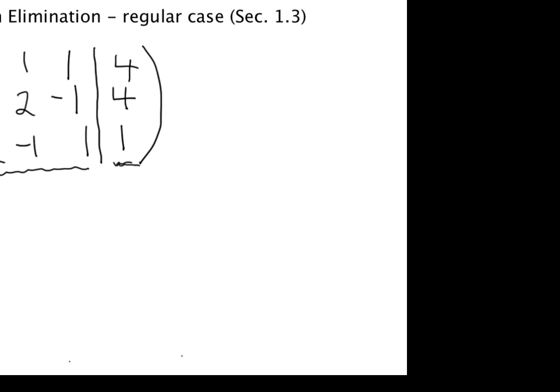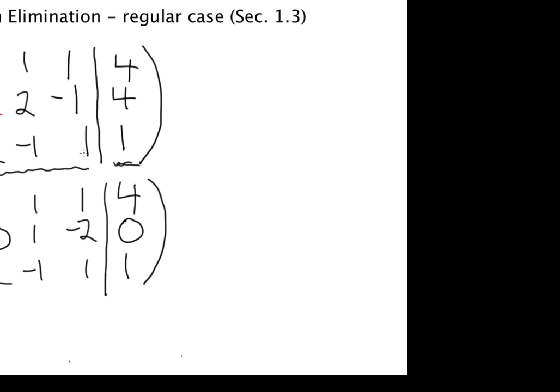So the first step is, let's get rid of this 1, and we're going to do that by multiplying the first row by minus 1 and adding it. I get this matrix. And let's do that again.